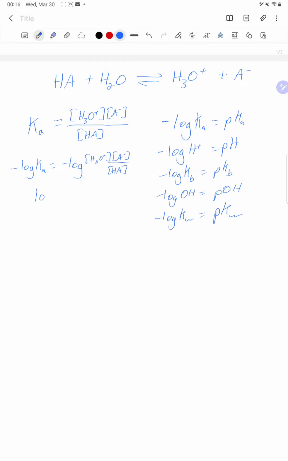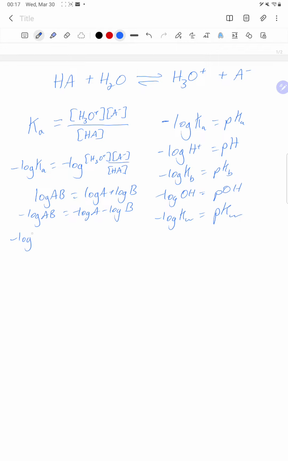For example, if we have log AB, this is log A plus log B. So if I had the negative log of AB, this is just the negative log of A and the negative log of B. That's exactly what we're going to do.